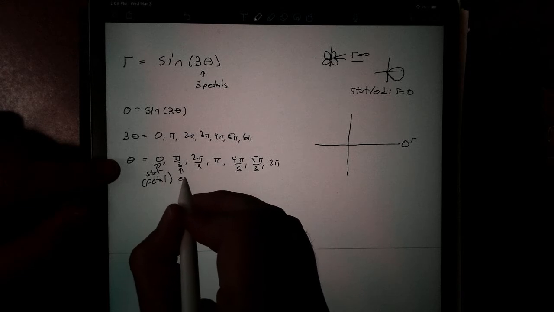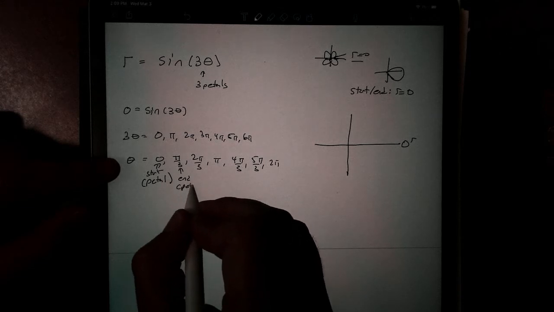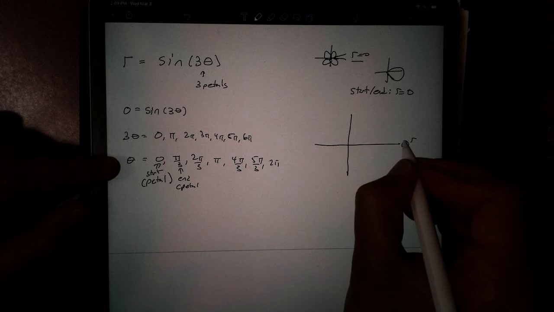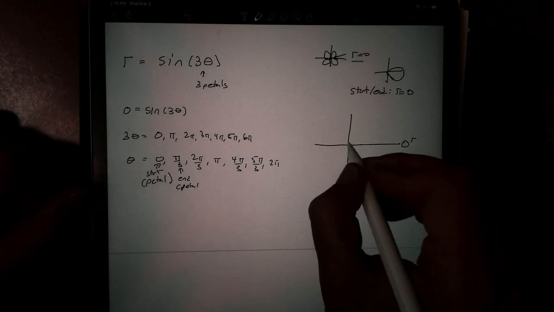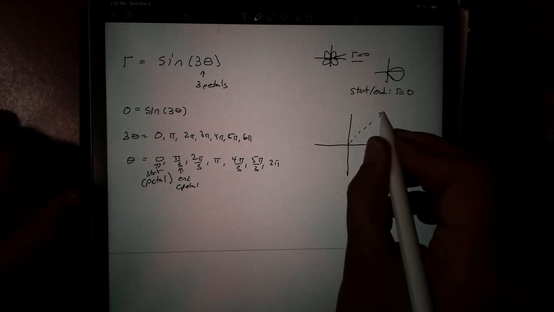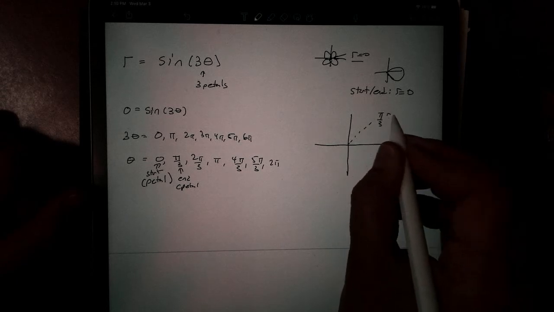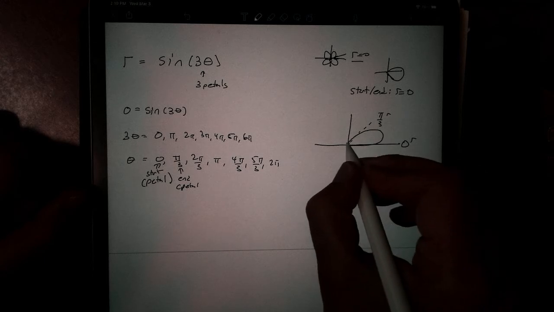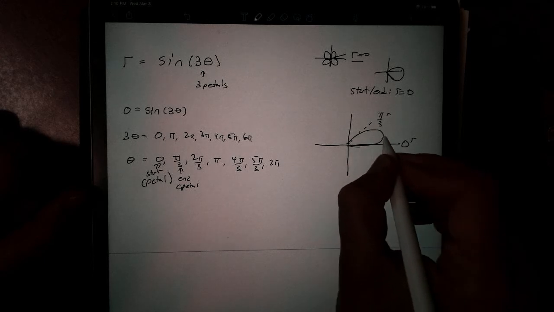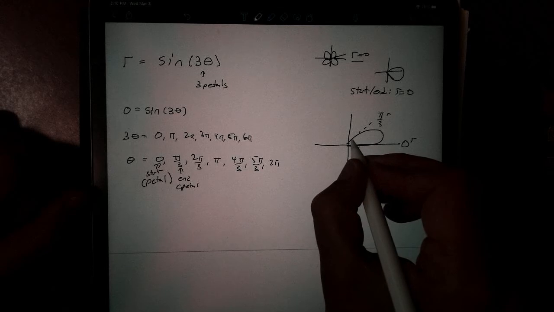At pi over 3. This is where my petal ends. So between 0 radians and pi over 3 radians, I have a petal. It goes out, like so. I'm starting at 0, and I end up at 0.